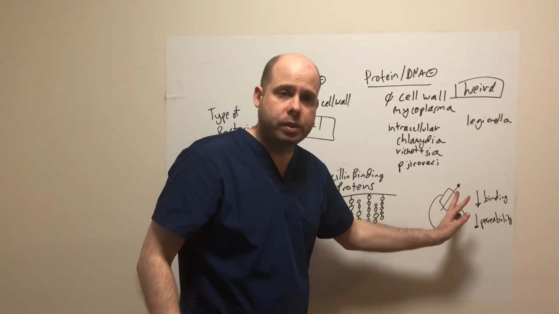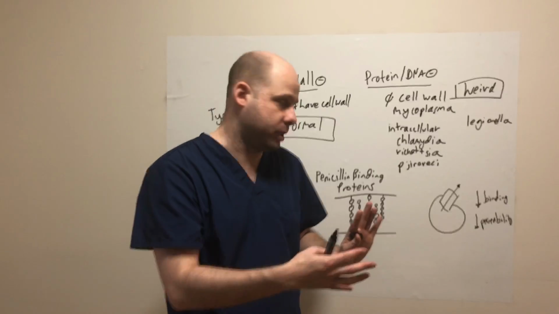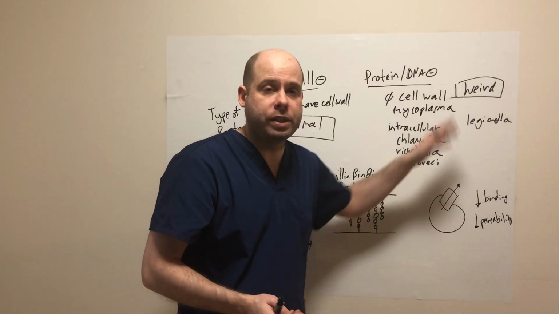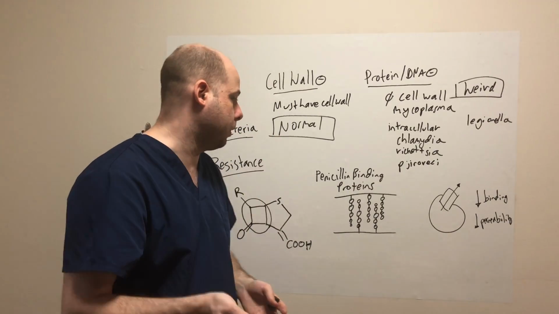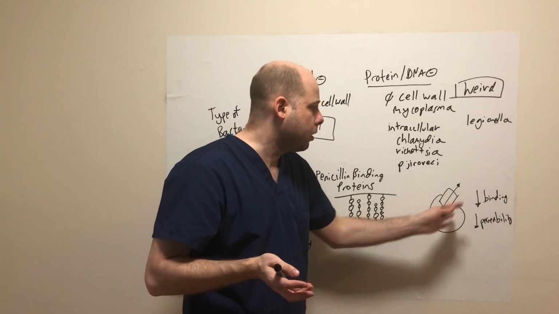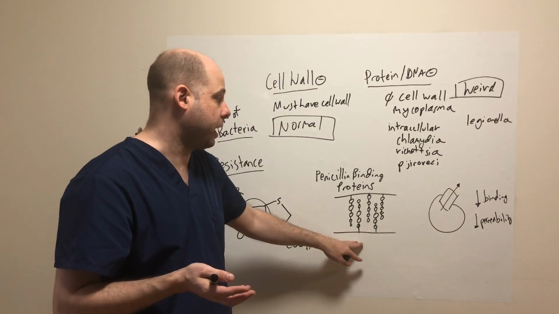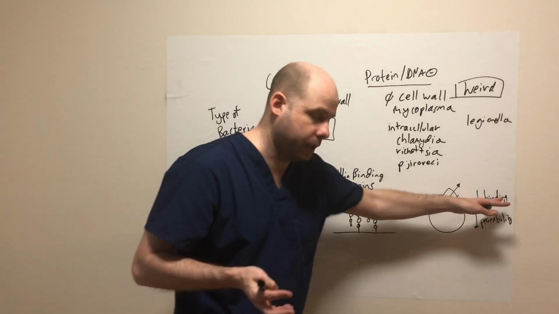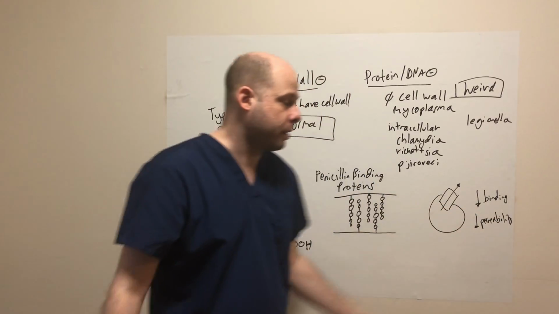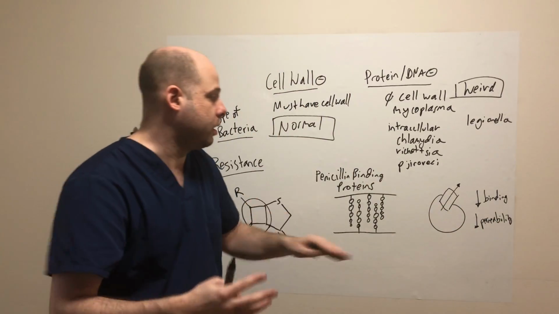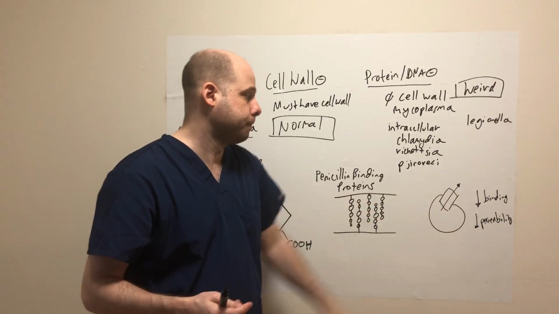When we get over to the protein and DNA inhibitors, we see a different set of mechanisms of resistance. One is increased efflux. The bacterial cells will pump the antibiotic out so that it no longer works. We may also see decreased binding, similar to the decreased binding in penicillin binding proteins, but obviously a different set of proteins, or decreased permeability. The antibiotic just can't get inside the cell membrane of the bacteria.